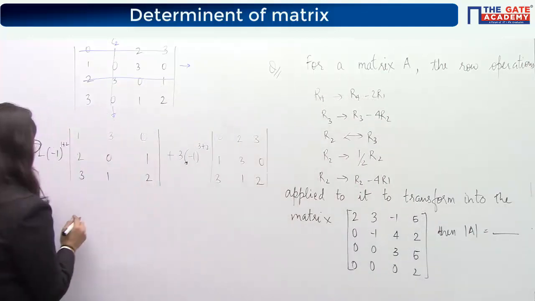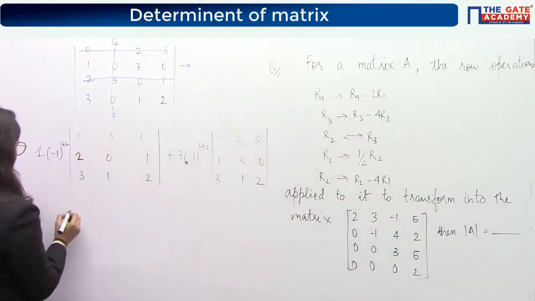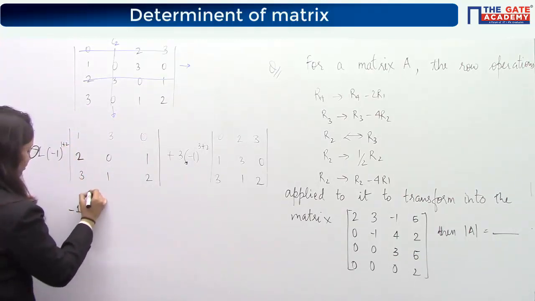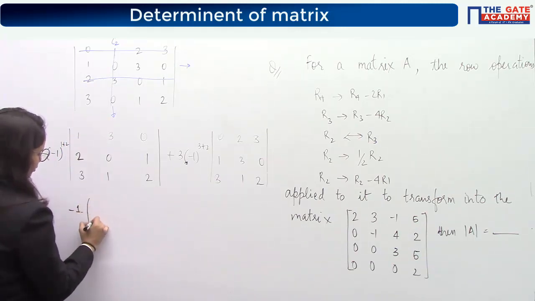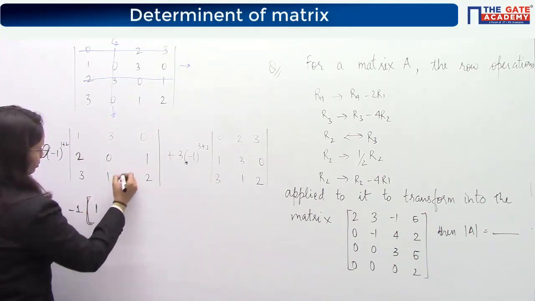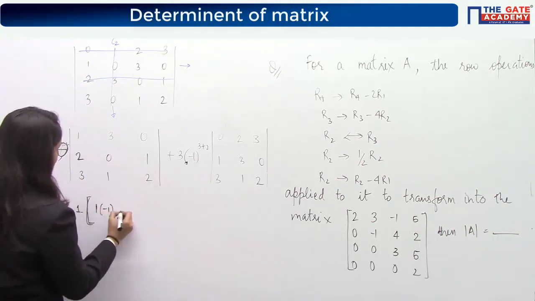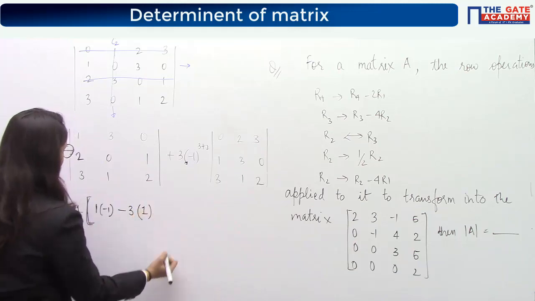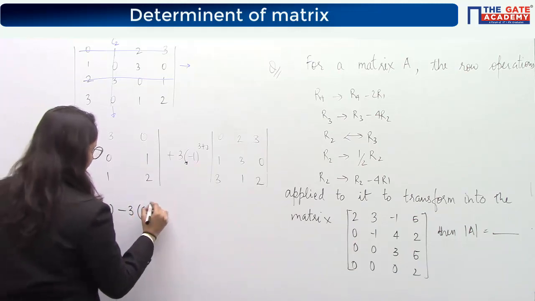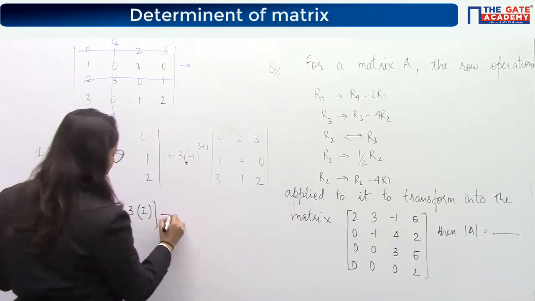Now solve this, just the thing is to solve. It will be minus 1 to the power of an odd number, so it will give you minus 1. If I solve this, this will give you 1 times 0 minus 1, minus 3 times 4 minus 3, 1, and then 0 times cofactor is 0.